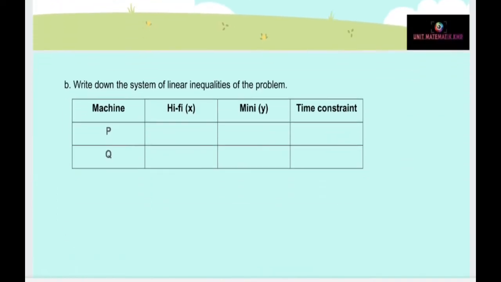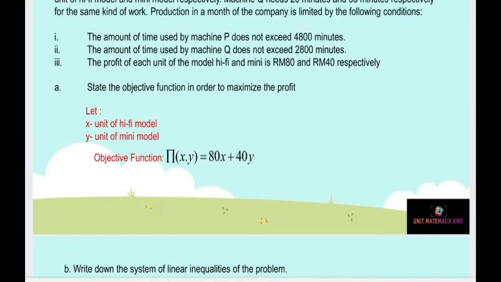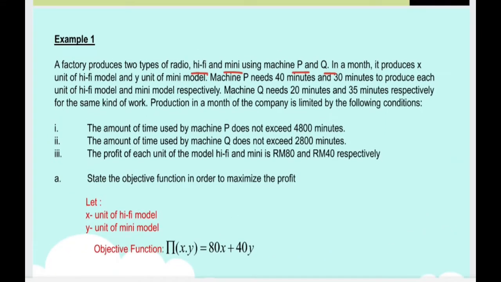So in the table, we put hi-fi and mini. Hi-fi is X, mini is Y, and then we have machines P and Q. Machine P needs 40 minutes and 30 minutes to produce each unit of hi-fi and mini model.